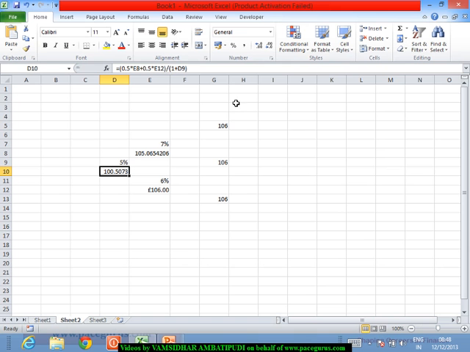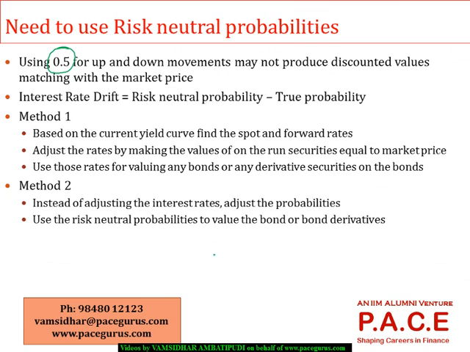If I take the rates like this, it may not match the values of the on the run securities. One of the key important things in this entire valuation analysis is that if I am using these rates to value on the run securities, their value should be exactly equal to the market price.